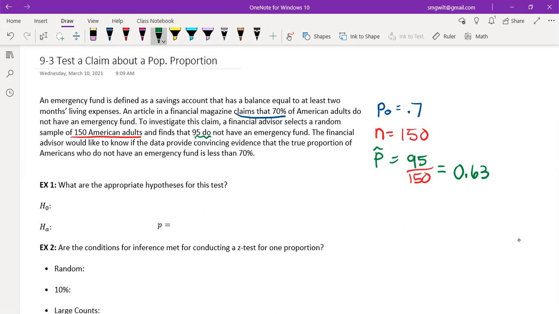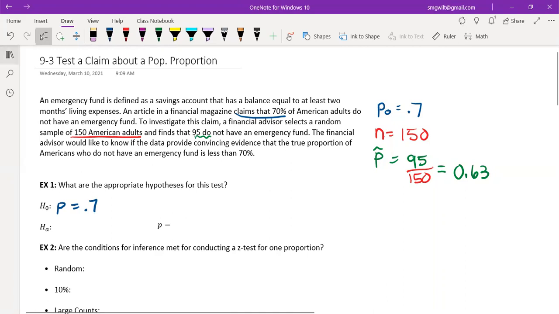Our claim for the null hypothesis is 70%. So the first step is identifying the null hypothesis. The null hypothesis, remember, is always an equation. So it's that the true proportion is 70%. So p equals p naught.